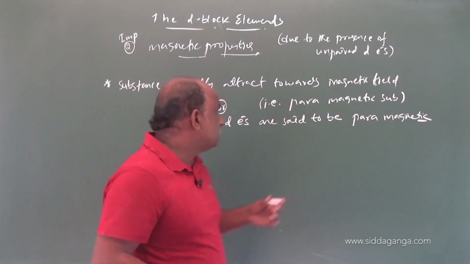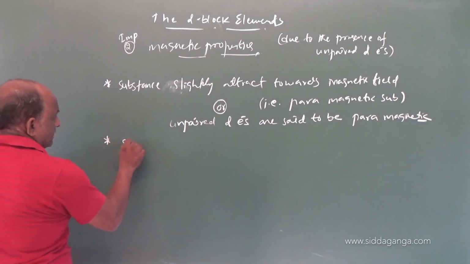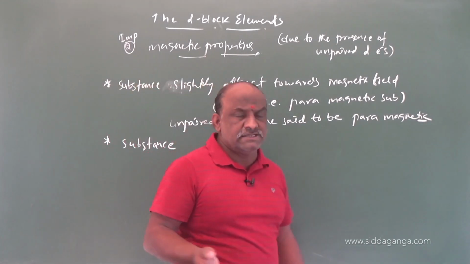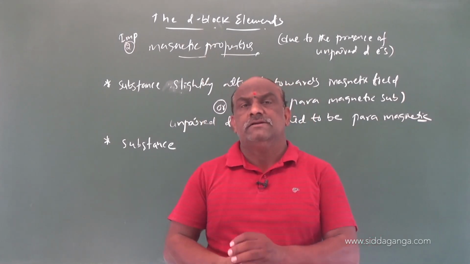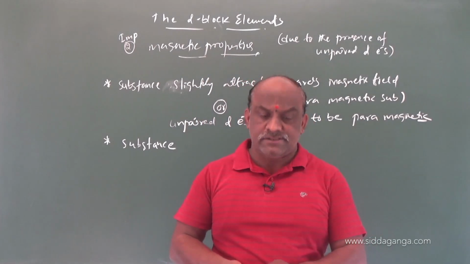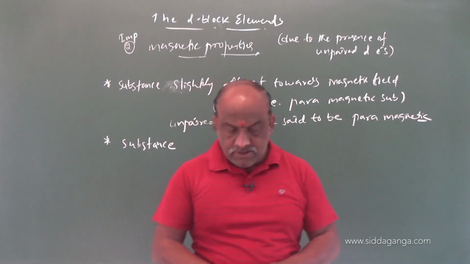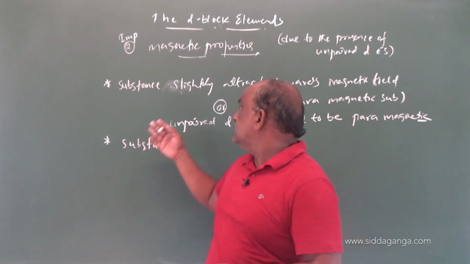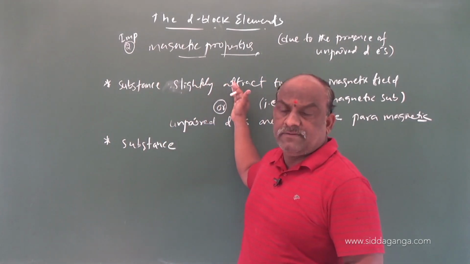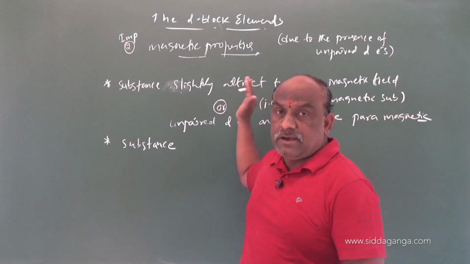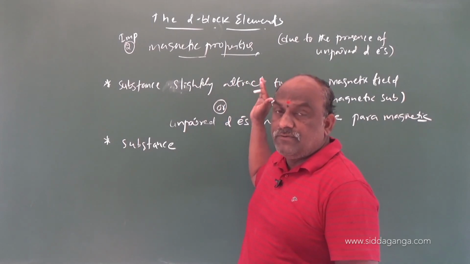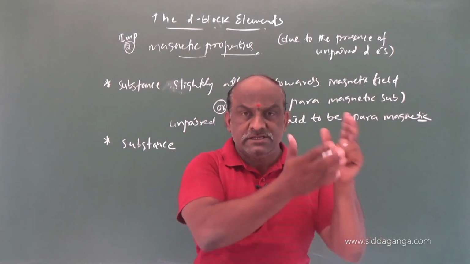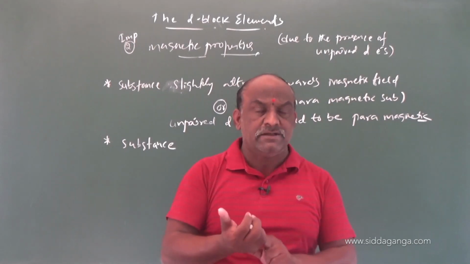Slightly attracted towards the magnetic field is said to be paramagnetic. On the second definition, the substances we discuss here are metals, that is, transition elements. Substances which are repelled when a magnetic field is applied, going back, means they repel.